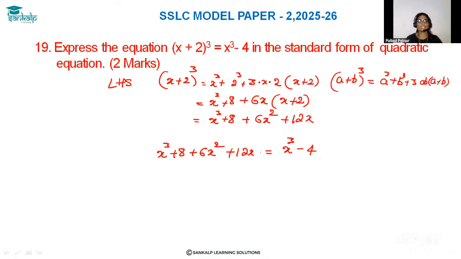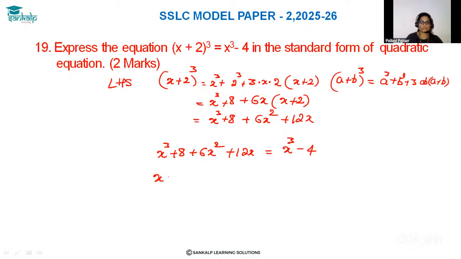So rearrange the equation into the standard form, that is ax square plus bx plus c is equal to 0. To rearrange, we move all terms to one side of the equation. So combine the like terms.